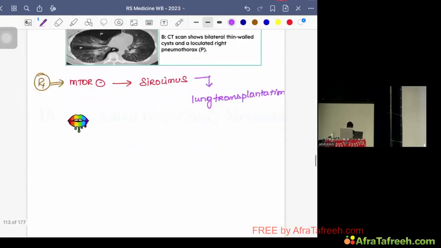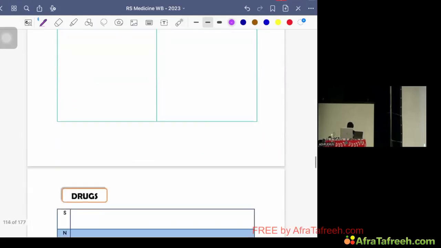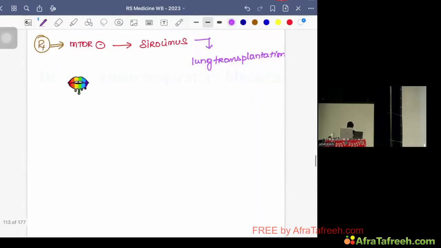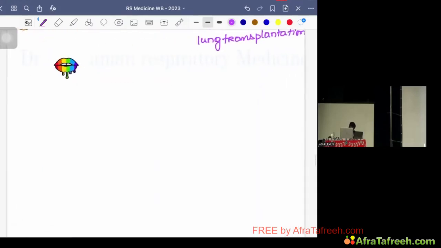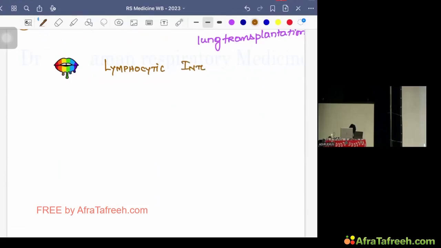Then the last interstitial lung disease is going to be lymphocytic interstitial pneumonia.